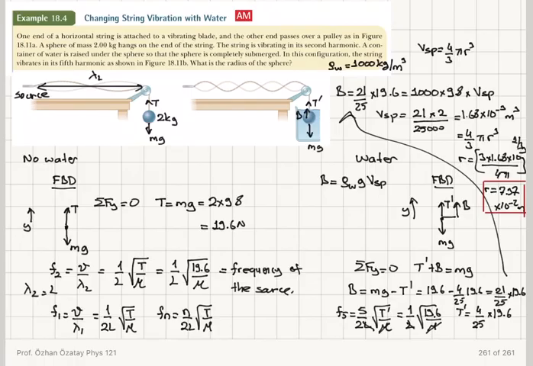And when I put the water under the sphere so that it's fully submerged, the tension on the string will change, and I find that the oscillation is in its fifth harmonic. But the frequency of oscillation here must be equal to the frequency I calculated initially, because the source has not changed. It must have the same frequency.